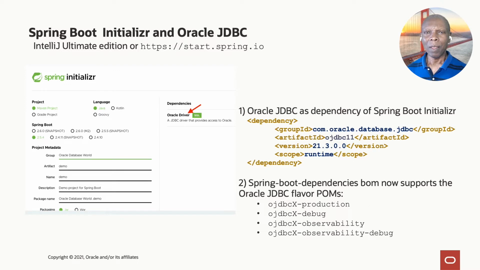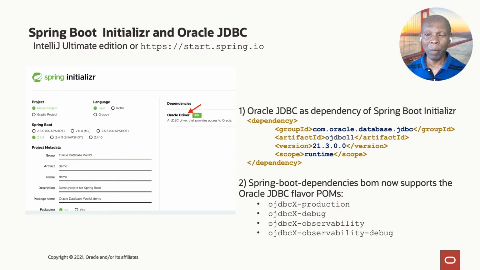So you need to make sure that this is in the project pom.xml. The other thing we recommend is, instead of just pulling the JDBC driver, which is OJDBC 11, you might want to pull additional jars. We will see in the rest of the presentation that we need complementary jars, such as the UCP, the connection pool, and some other jar files.